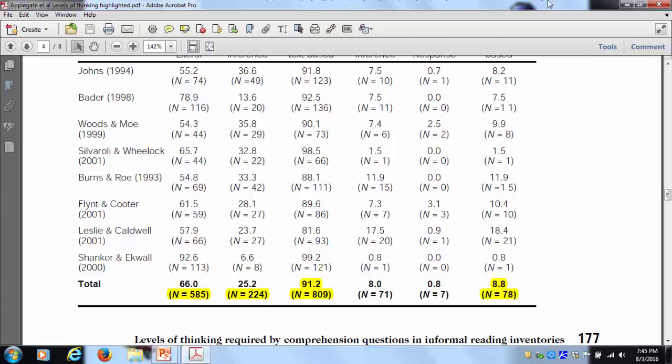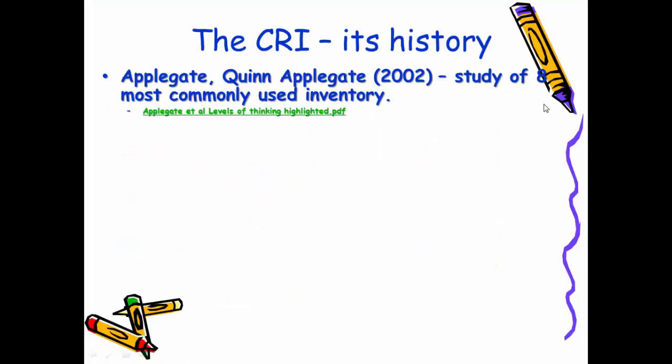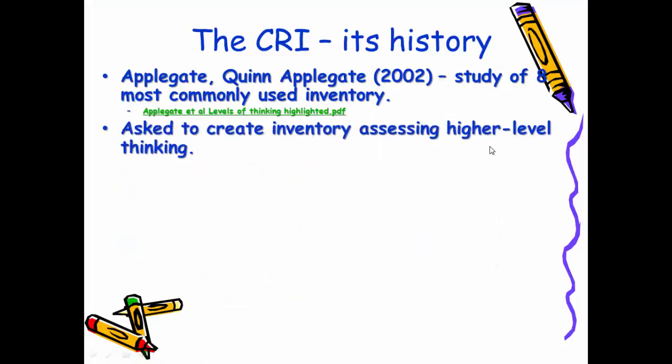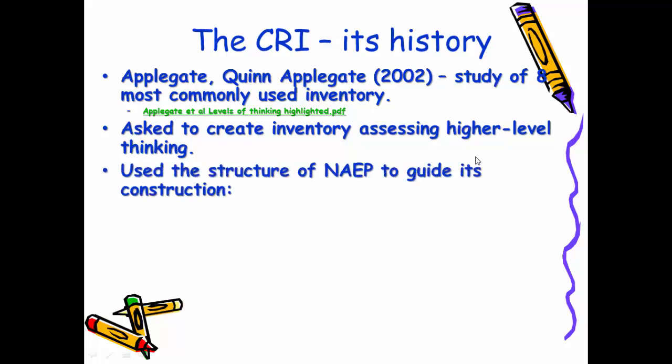As a result of that study, we were asked to create an inventory assessing higher level thinking. What did we use to guide us? We used the National Assessment of Educational Progress, NAEP. Keep in mind, 33% of NAEP questions are text-based.